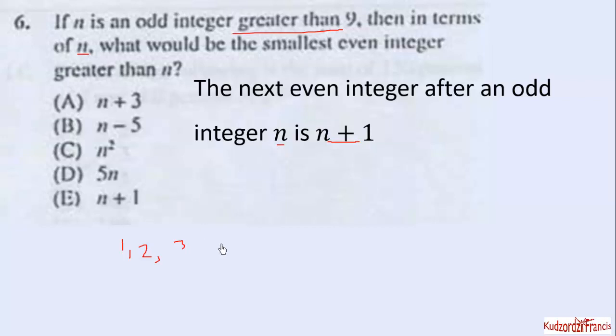So for instance, if you have an odd number which is 15, then the next even integer will be 15 plus 1, which is 16.